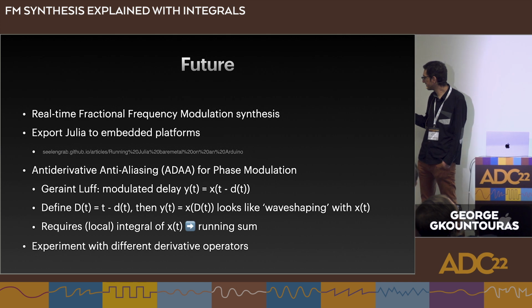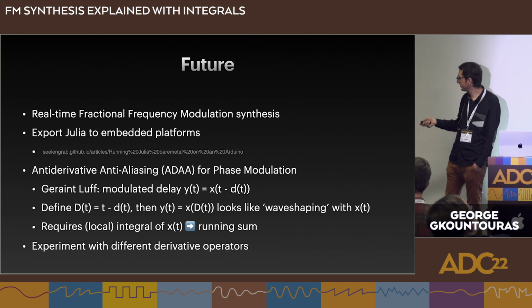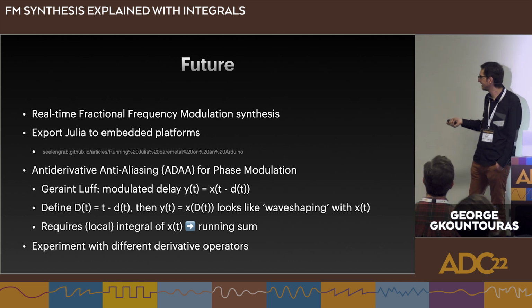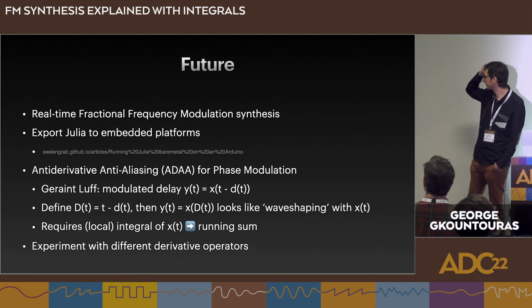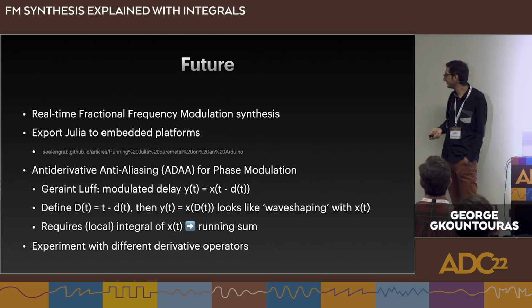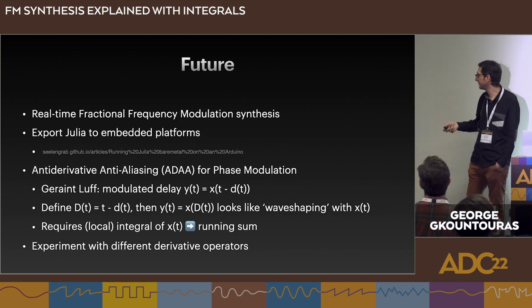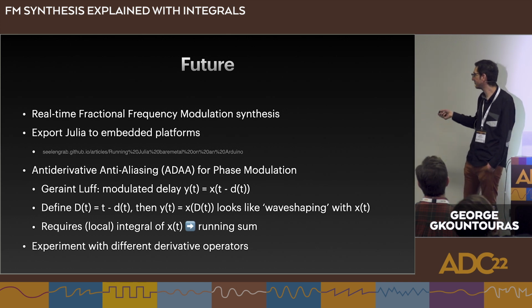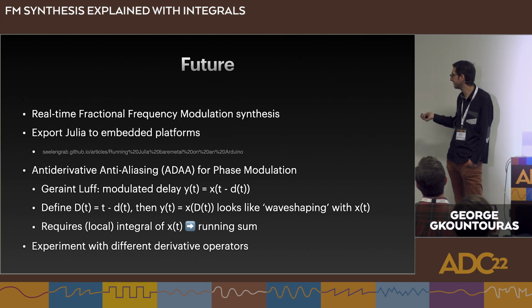Yeah, and I was speaking with Zerent at the conference, and we had this idea of applying anti-derivative anti-aliasing to phase modulation. Because if you think about it, phase modulation is a modulated delay.